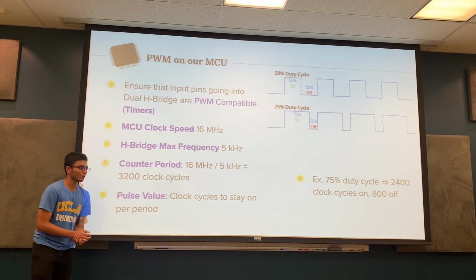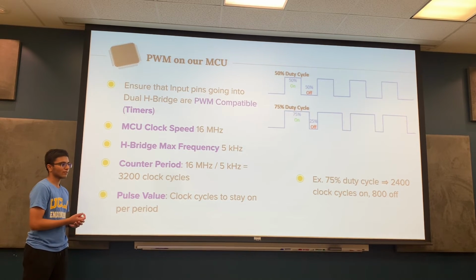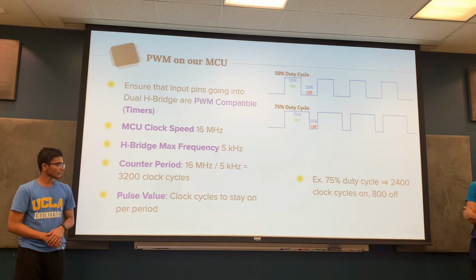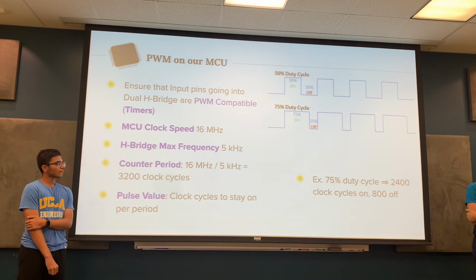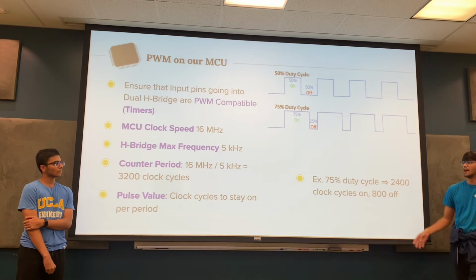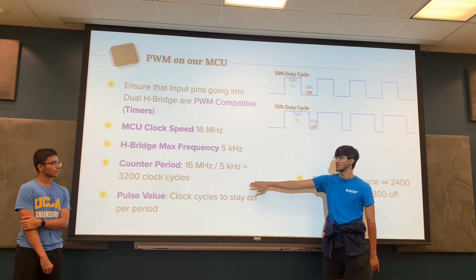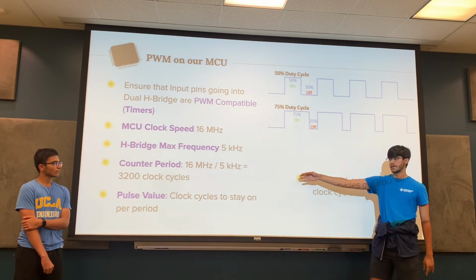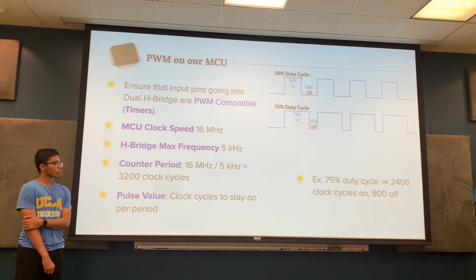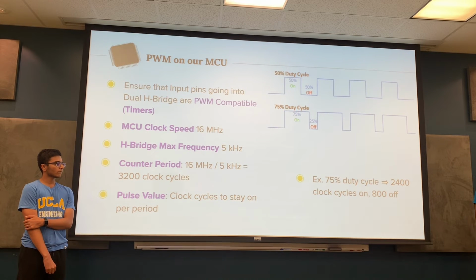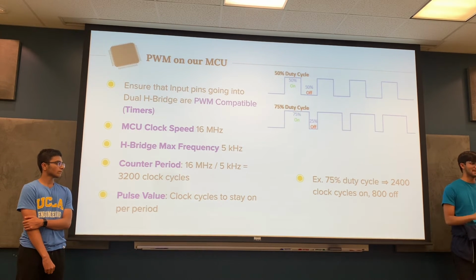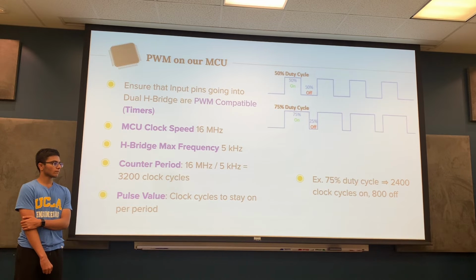Also, with a lesser frequency you would have greater delay in changing your values, because if you divide by a lesser number, you have more clock cycles per period, and thus you have to wait longer to adjust your value. It's a very minimal amount of time, but it is something to note.